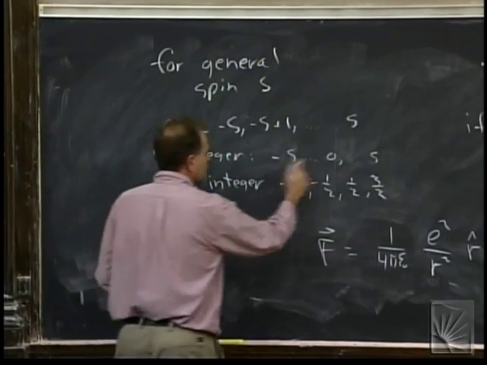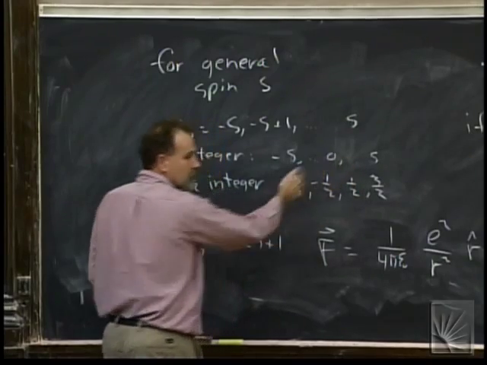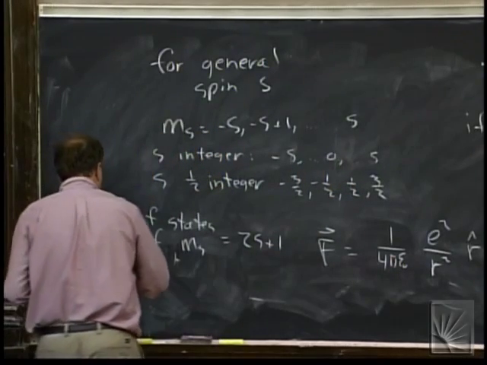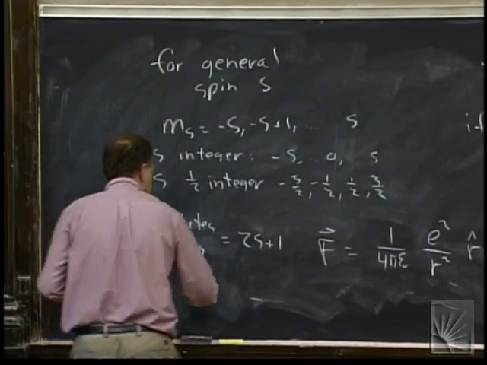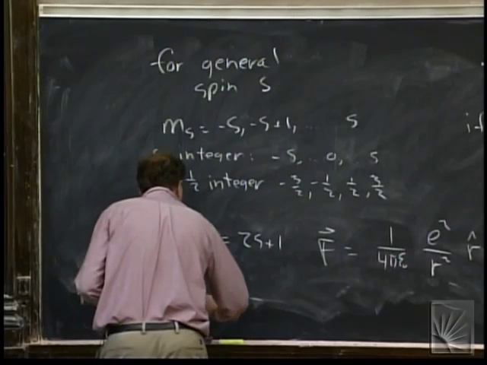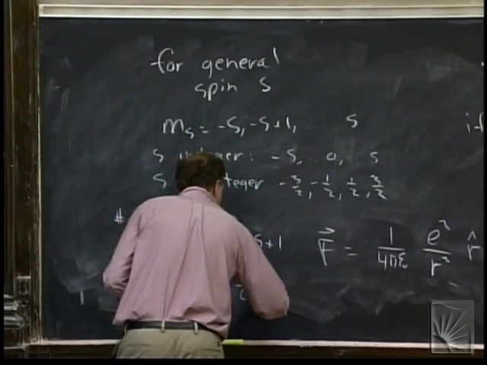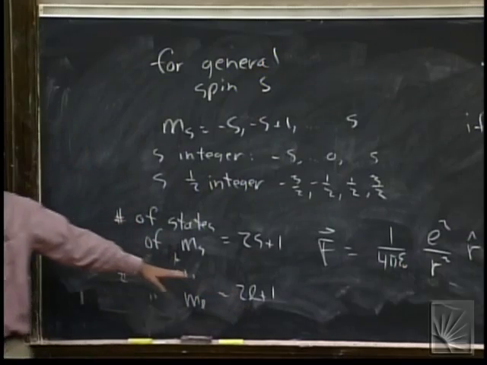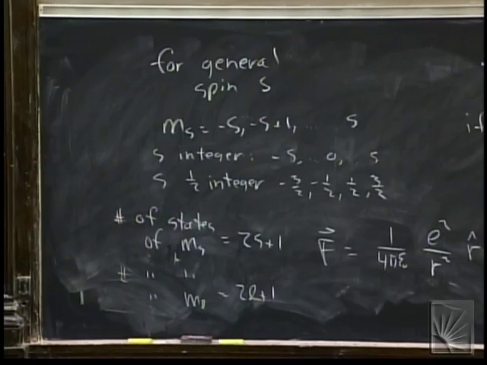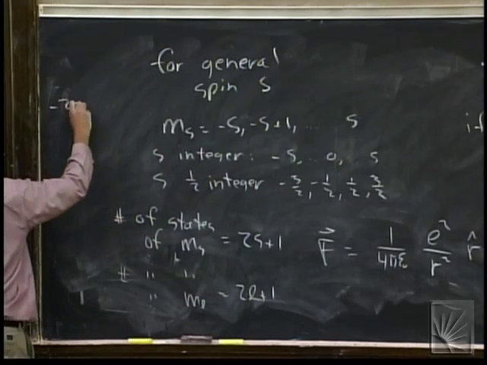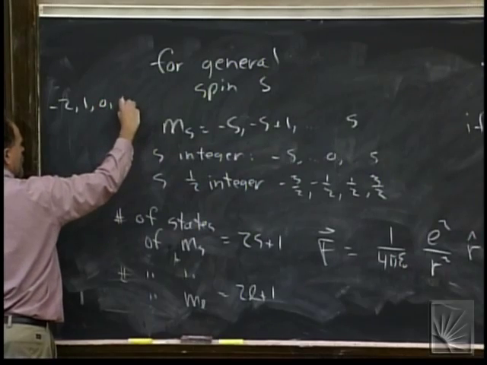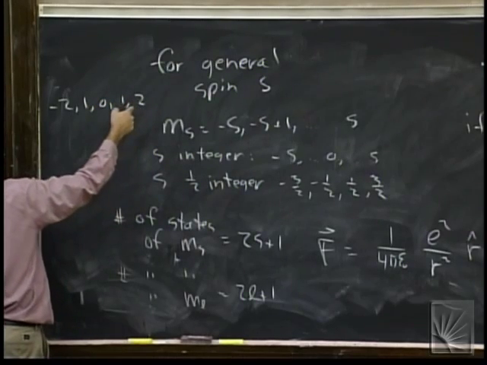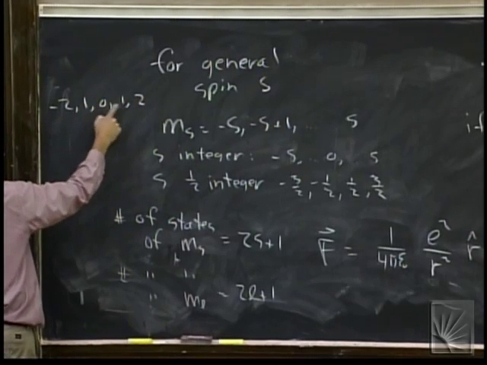Same with L: the number of states of m sub L is 2L plus 1. We're going to need to know that later. I'm not doing anything mysterious here. Suppose I had s equals 2 or L equals 2. There's 1, 2, 3, 4, 5.